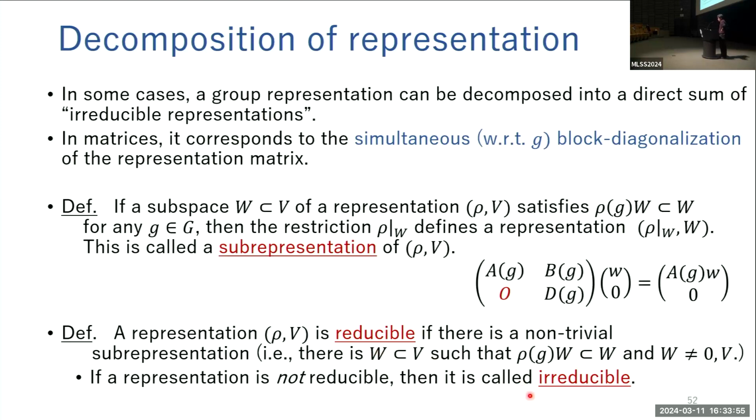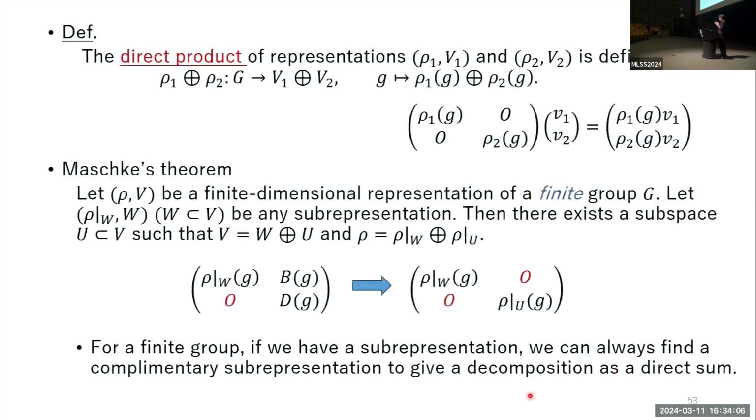So an irreducible representation doesn't have any non-trivial sub-representation. In another way, the irreducible representation is the most basic representation, which can't be decomposed further. Okay, we can define the direct product of representations. That's a straightforward definition. We make a direct product of the vector spaces and the direct product of the representations. That's it.